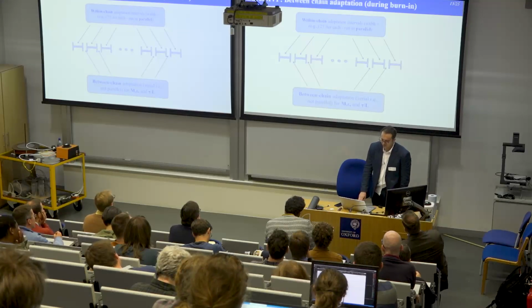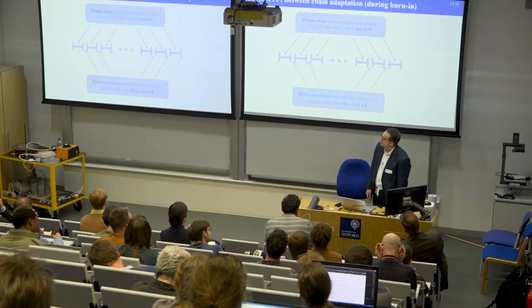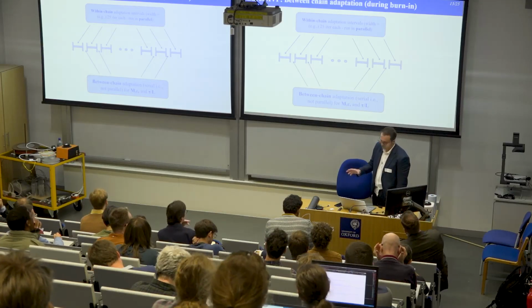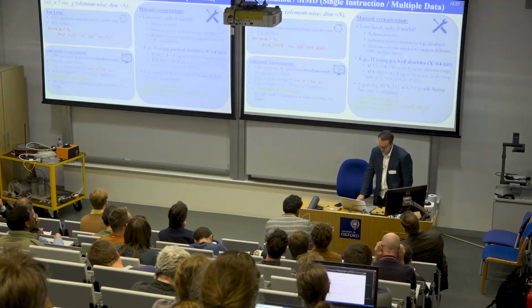For the burn-in, I use between-chain adaptation, which is based on an algorithm from a paper called SNAPER-HMC. Basically, rather than just looking at the mass matrix and step size and path length, the HMC parameters within each chain, you also look at it between the chains. So every 25 iterations, or whatever you want, you can do every iteration if you want, you sort of average them out, and it makes the burn-in more effective and more efficient usually.